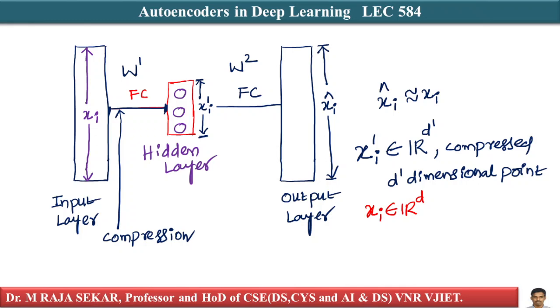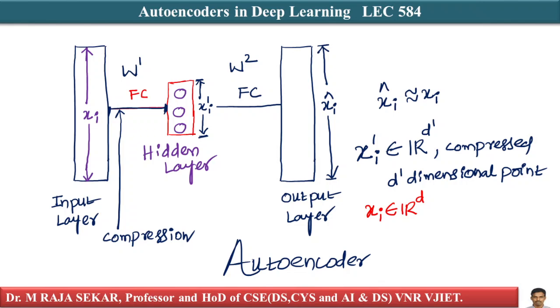So I am able to compress the information of a d dimensional vector into a d dash dimensional vector, and I am able to recreate the whole d dimensional vector from the d dash dimensional vector. This is the simplest form of autoencoder. Very simple concept, and you have a simple loss function.